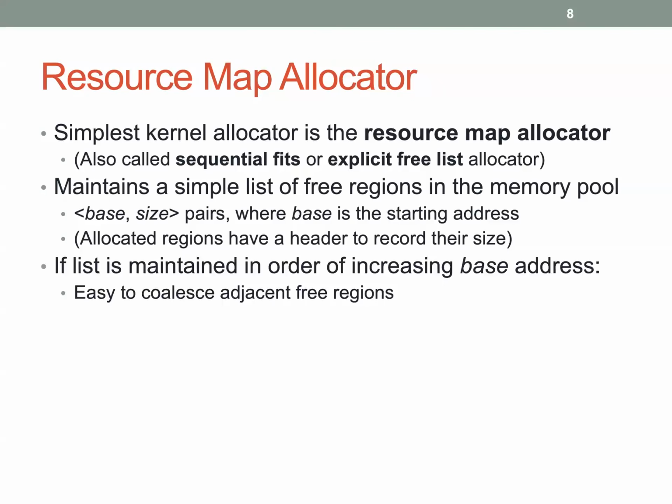Okay. If the list is maintained in order of increasing base address, think about it: I've got these blocks and they are linked together sequentially. Well, that makes it really easy to tell, when I'm freeing a block, if the next block is also free, because if it is, then I'll just combine them and make a larger block.